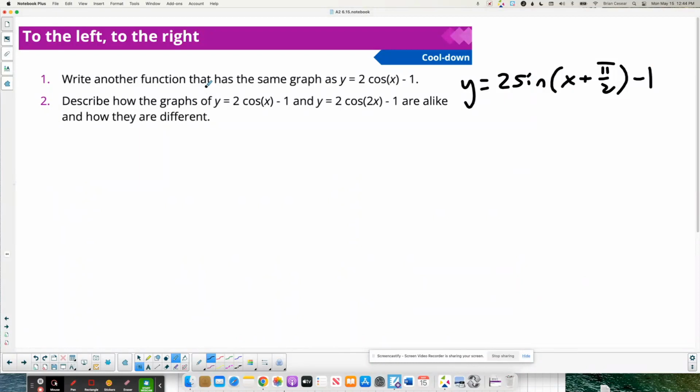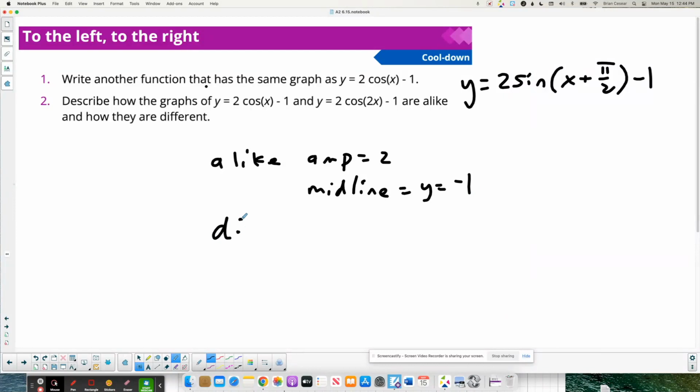All right. Describe how the graphs are alike and how they're different. So alike, amplitude equals 2. Midline equals y equals -1. But different. The first one has a period of 2 pi.